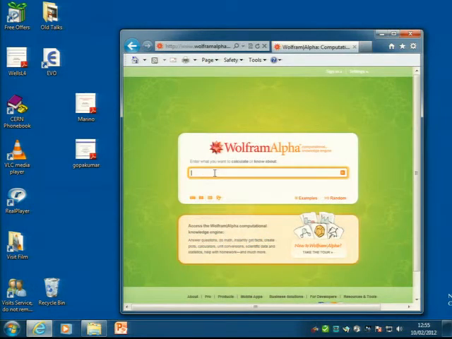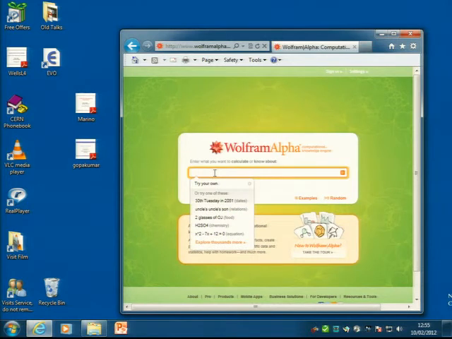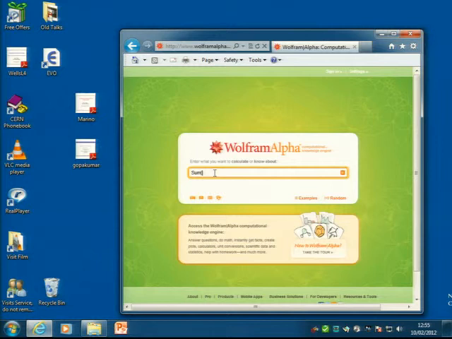So we have the sum of lambda over 4 to the n divided by n factorial and then n plus 1 factorial, n goes from 0 to infinity.